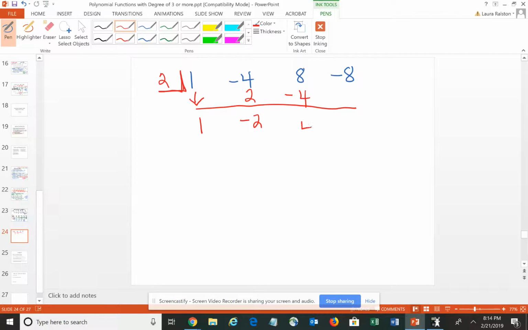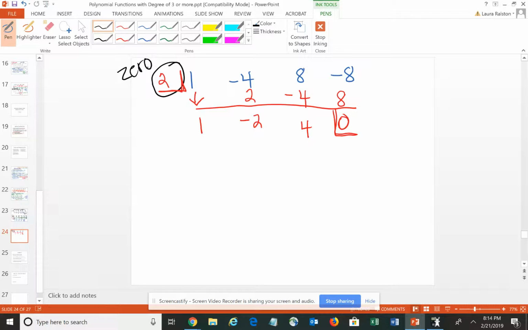Plus 8 is 4. Times 2 is 8. And gosh, guys, look. I get 0 again, which tells me that this 2 works a third time. So it's going to occur 3 times. But again, visually, you can't see that on the graph.